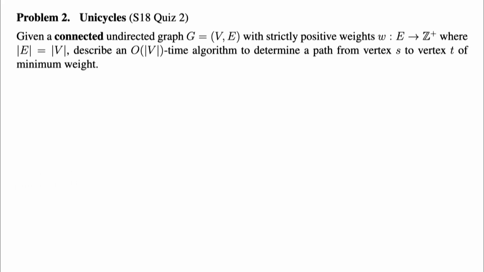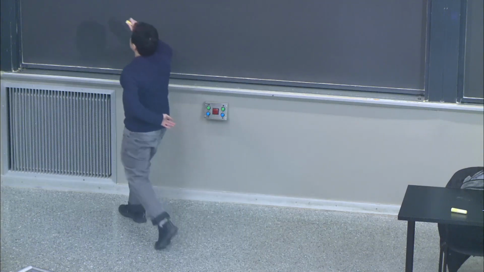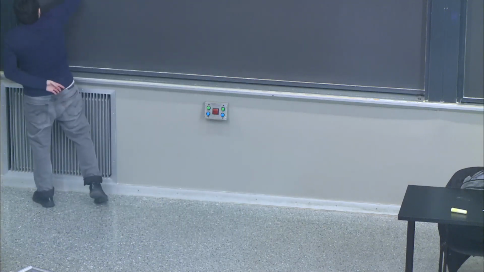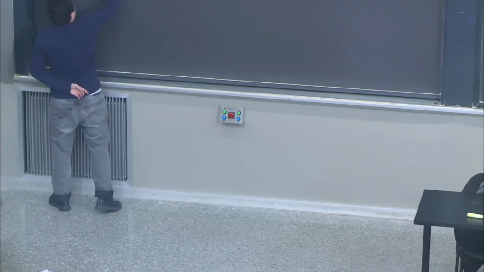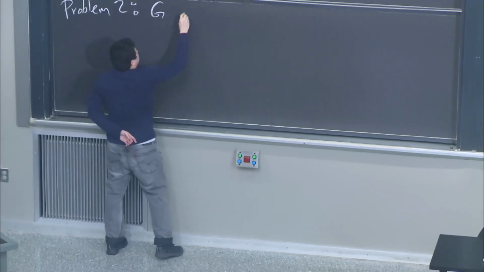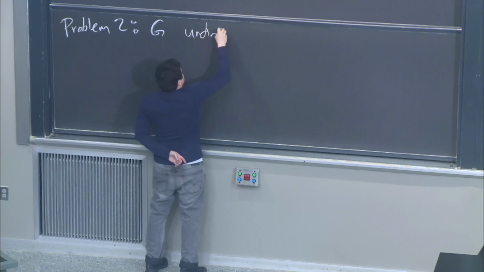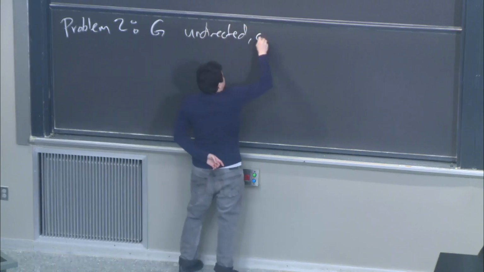Okay, so what's the first thing I notice? In problem 2, we've got a graph. It's undirected. It's connected.